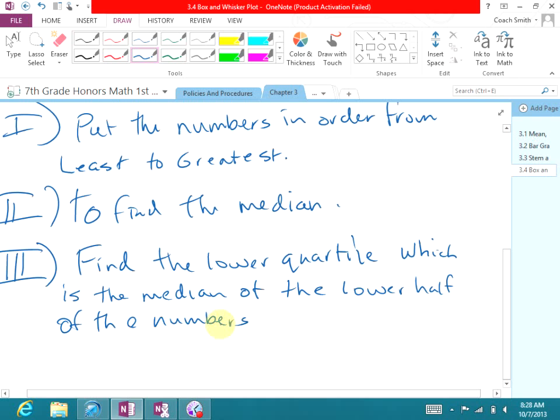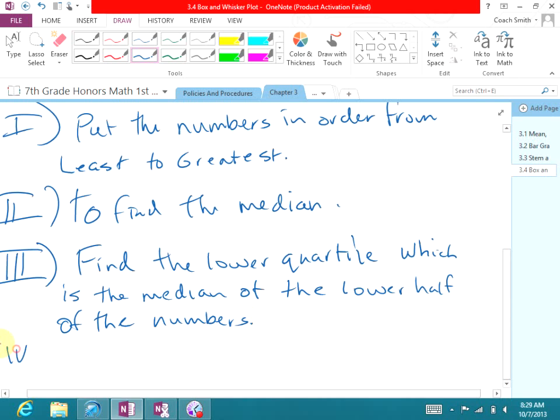Now, obviously, I'm going to go through all these steps here in a few minutes as soon as I get them written out. So we're going to find the median of all the numbers. Then we're going to take those numbers and split them in half. And then we're going to find the median of the lower half.